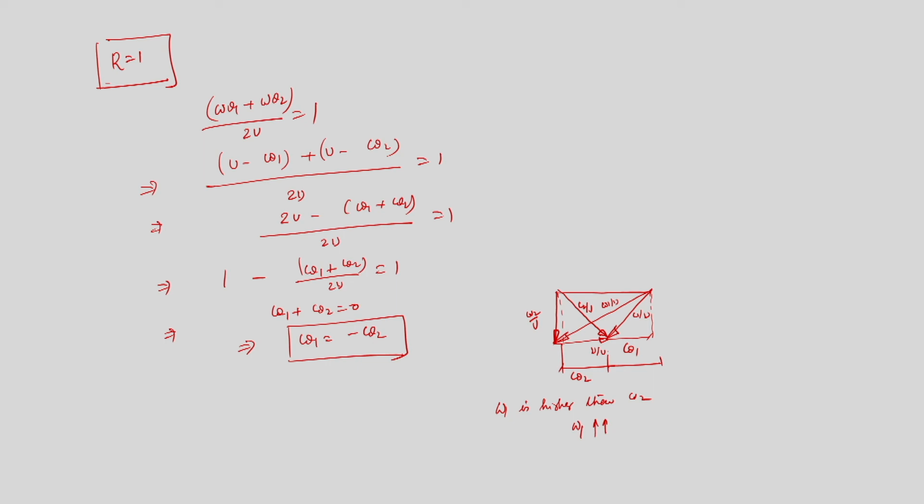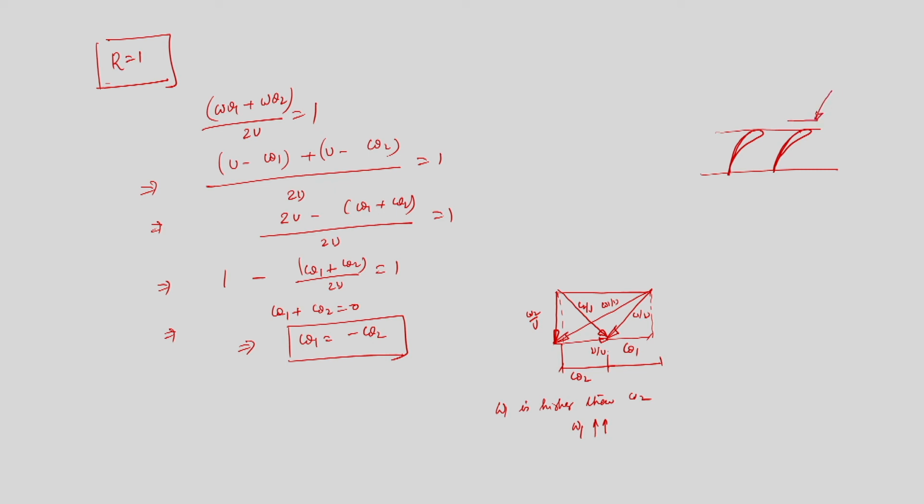If I try to draw the velocity triangle, suppose we have a rotor, right. So, we have blades, and this is the rotor.